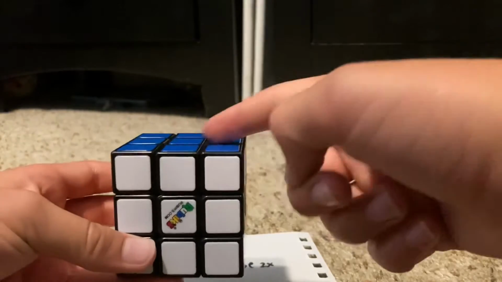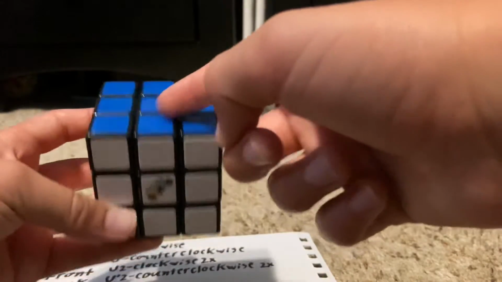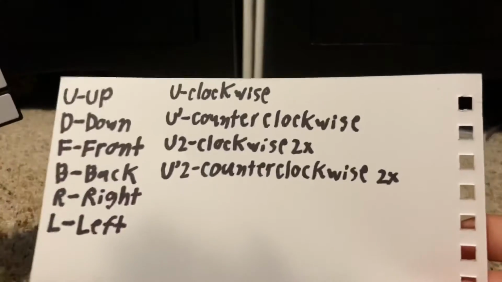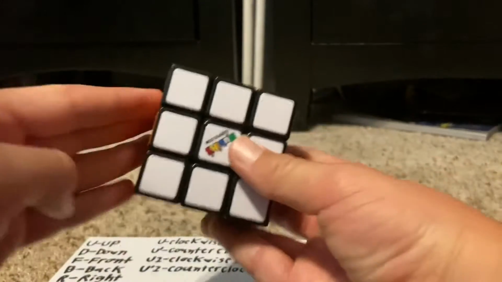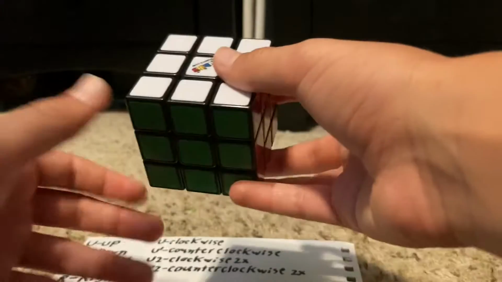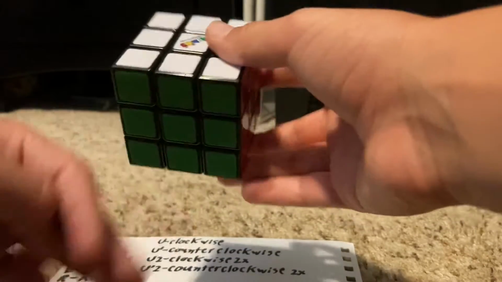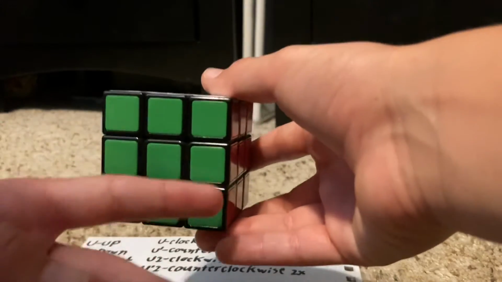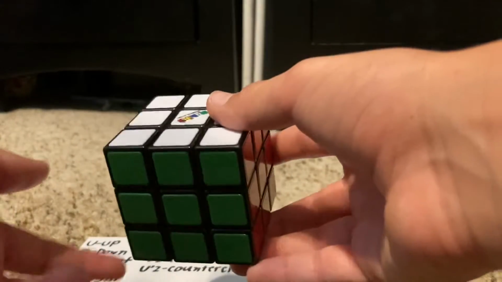This is your top, or as in the cube annotations, up. This is the right side of your cube. This is the left side. And then this is the bottom right there, or as in cube annotations, down. And this is your back.